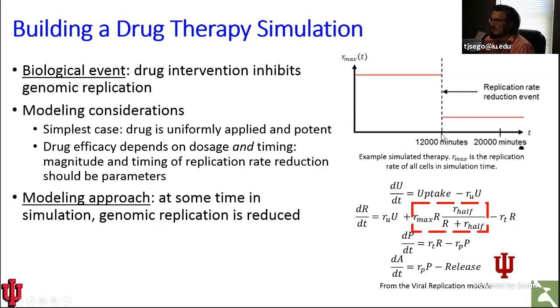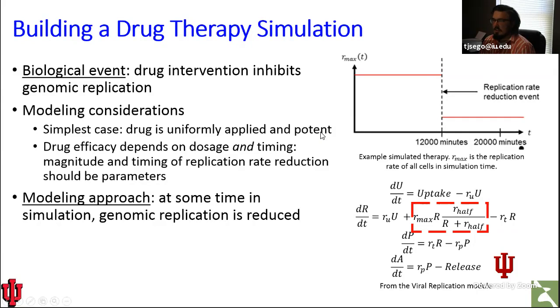And then at some time in simulation, that coefficient will be reduced, and this simulates a drug intervention. In the very simplest case, we can say that this is uniformly applied and instantaneously.